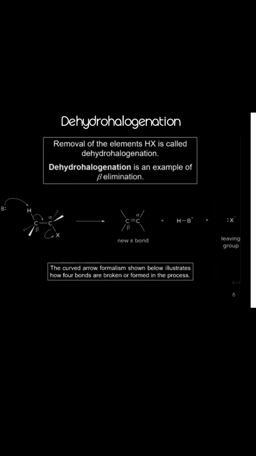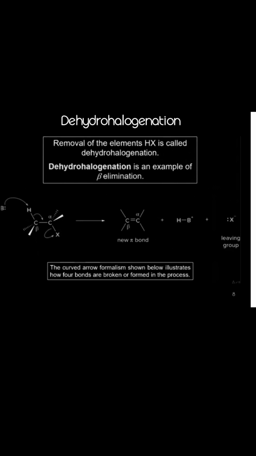And this is dehydrohalogenation. Dehydro means removal of hydrogen, and dehalogenation is the removal of halogen. Halogen atoms, you know, are chlorine, fluorine, bromine, and iodine. If these atoms are removed along with a hydrogen atom, then this is called dehydrohalogenation.